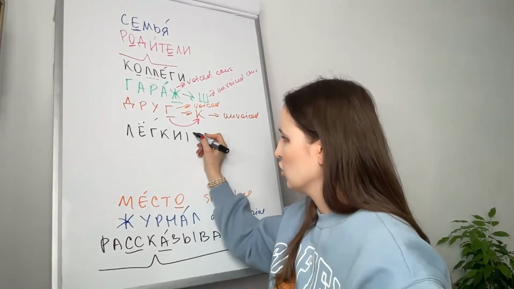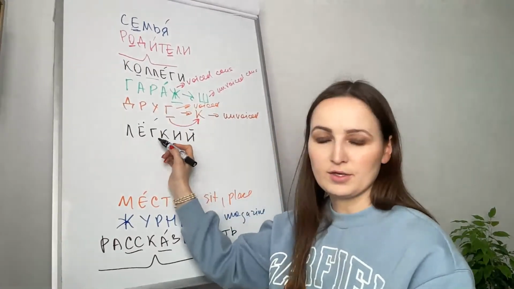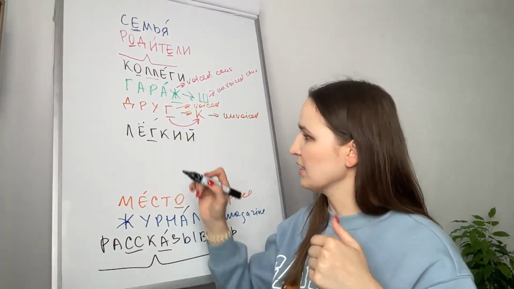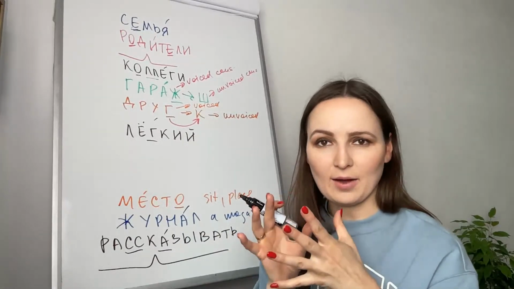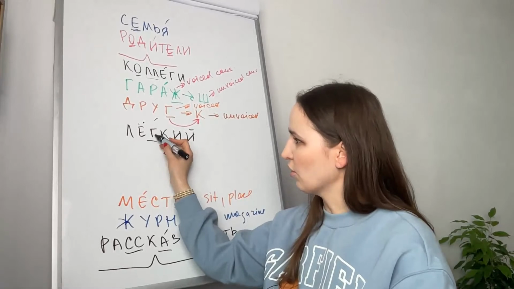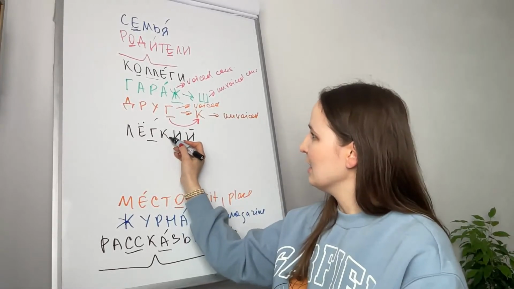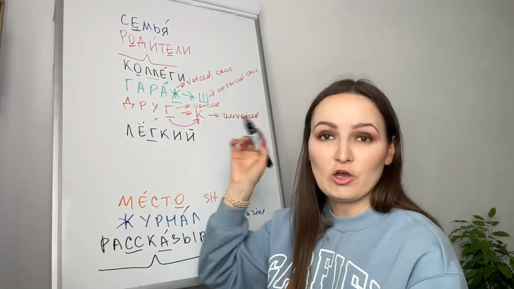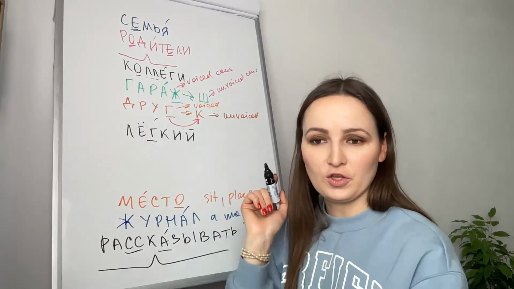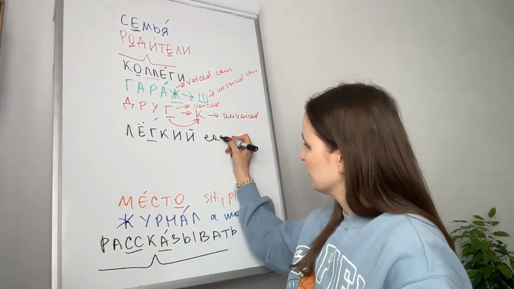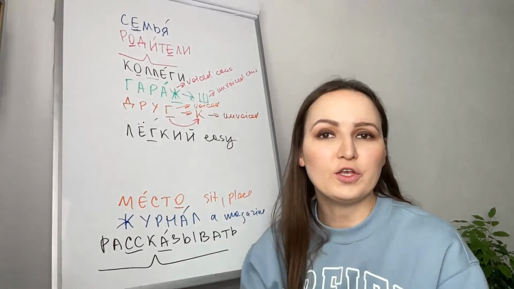So I pronounce G here as H. Легкий. Because a voiced consonant near an unvoiced consonant will become unvoiced too. Скажите, say, легкий, easy.